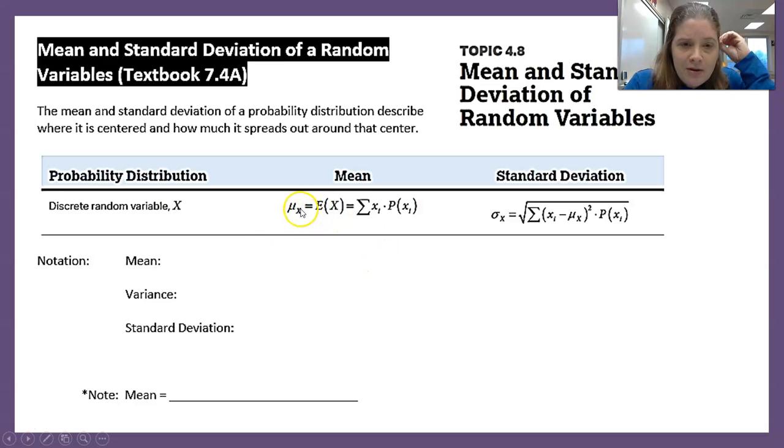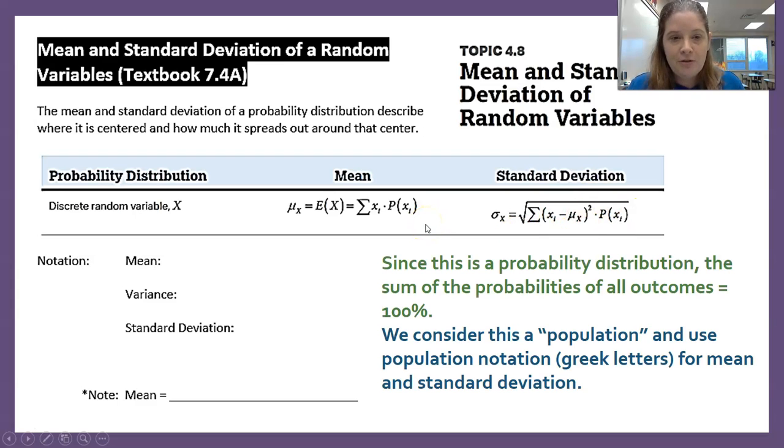Okay, and notice we have this symbolism here, mu sub x, and then it says equals E of x equals the sum of x sub i times P of x sub i. You can't see this very well because of my snip, sorry. And then standard deviation has this crazy square root thing going on here. All right, so a couple of things. Since this is a probability distribution, we're thinking the sum of all the outcomes has to add up to 100%. That's one of the characteristics of a probability distribution. So if it's adding up to 100%, we consider this thing to be a population, and we use population notation.